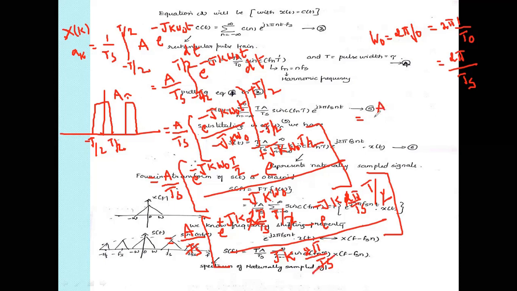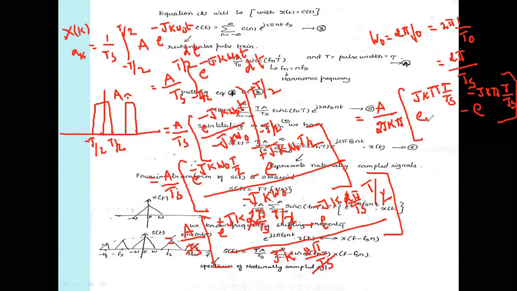Now we have A by 2 j k pi, whole multiplied with e power j k pi tau by Ts minus e power minus j k pi tau by Ts.